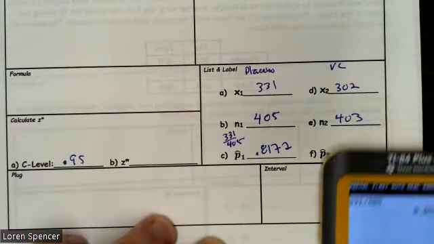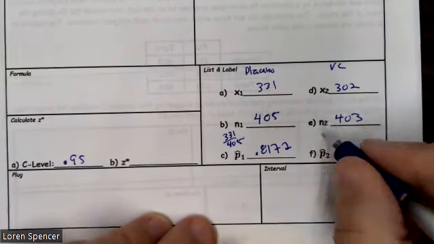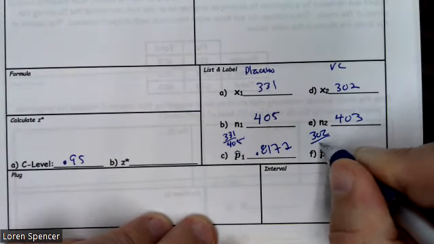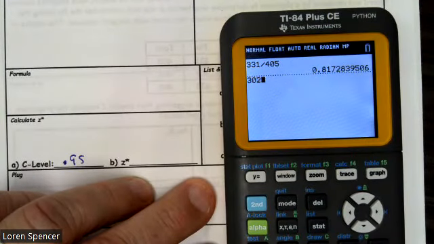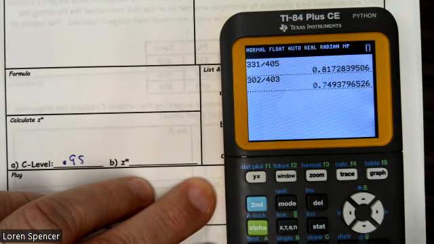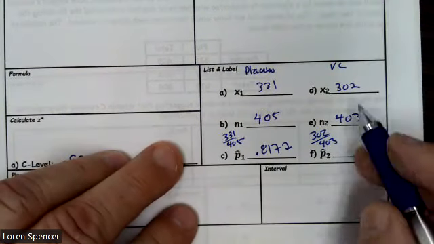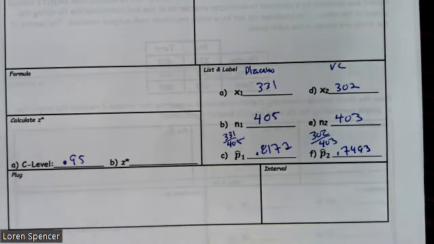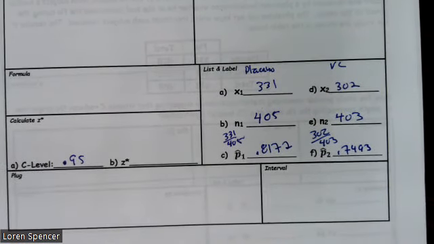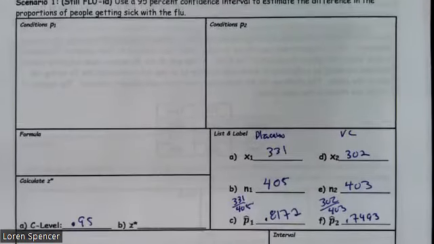And then we have 302 divided by 403, and that's 0.7493. Awesome. So now that we have that, let's go ahead and get to our conditions.